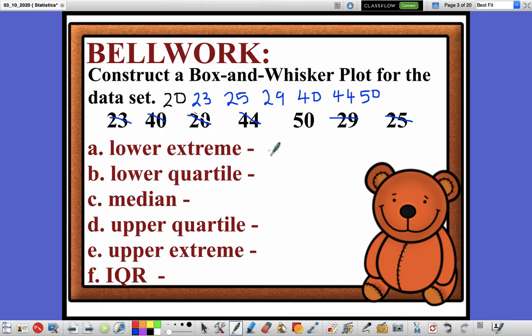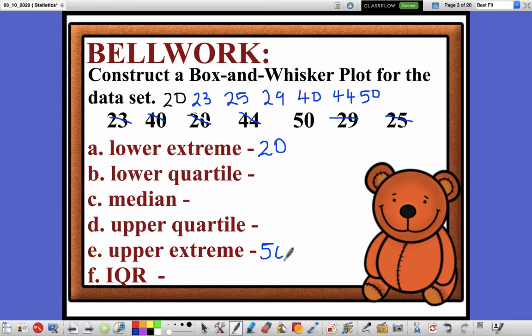So in this case, my lower extreme is 20. Right, now I write down 20. Then since I've just found the lower extreme, I can quickly go to E where they're asking about upper extreme. So my upper extreme will be my largest number, so it's going to be 50.